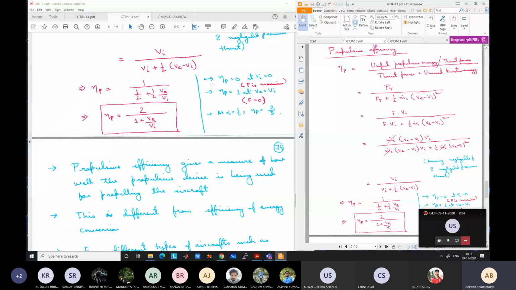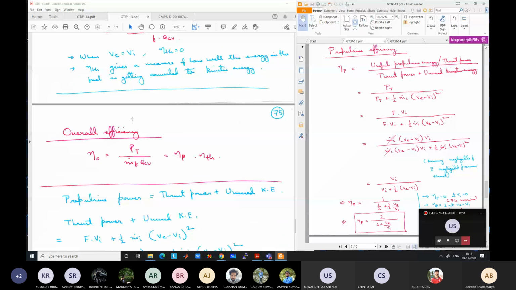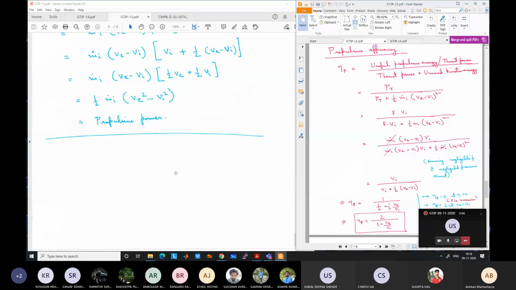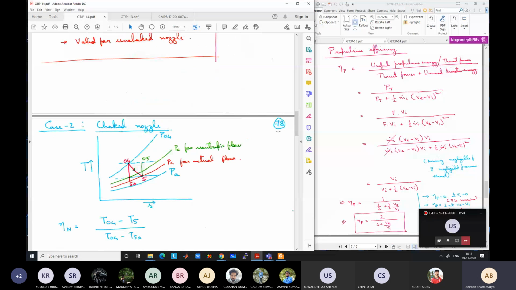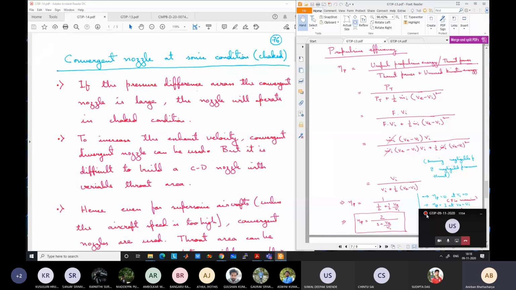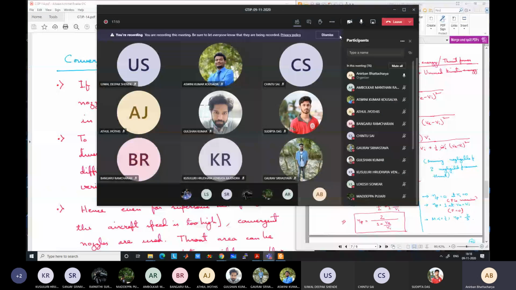So this is the second part. So overall efficiency of the aircraft propulsion can be defined as propulsive efficiency into thermal efficiency. Any questions? Otherwise, we are just going to move forward. No questions, I assume.